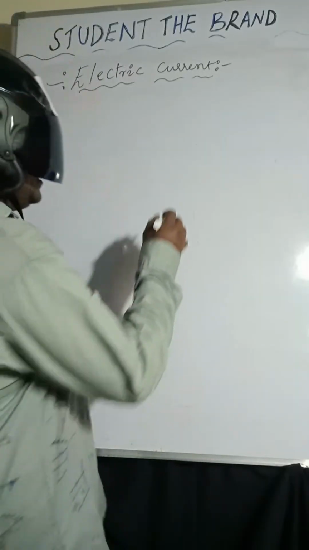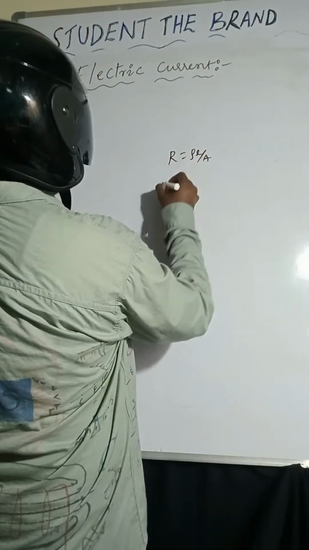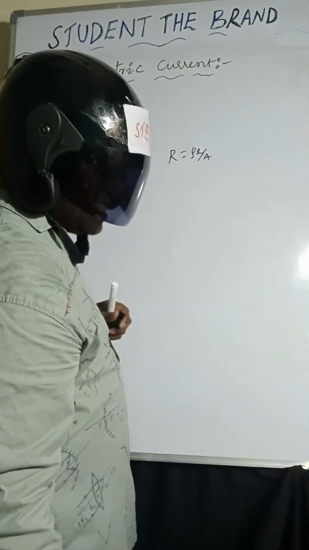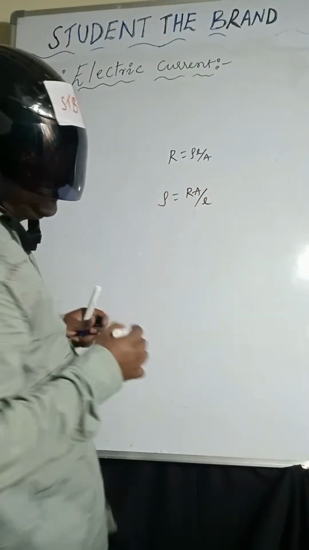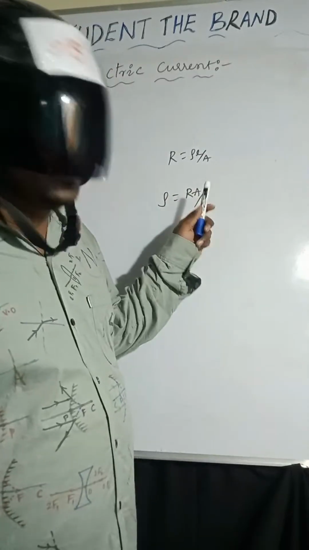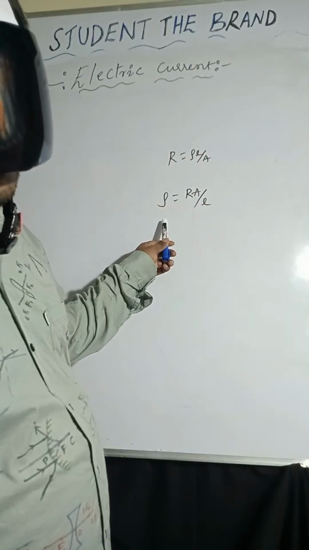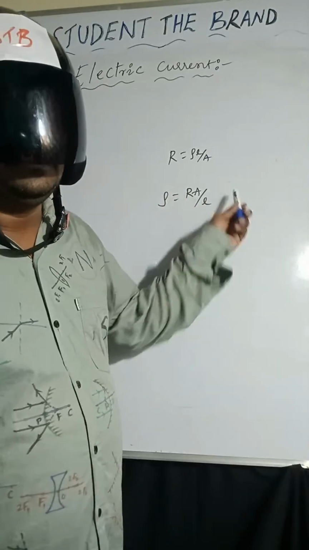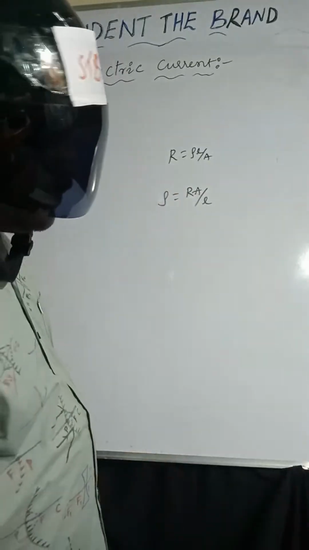R equals rho into L by A, so rho equals RA by L. Resistivity is equal to the resistance of the conductor per unit length and unit cross section area. So that is nothing but resistivity. I hope it is very clear.